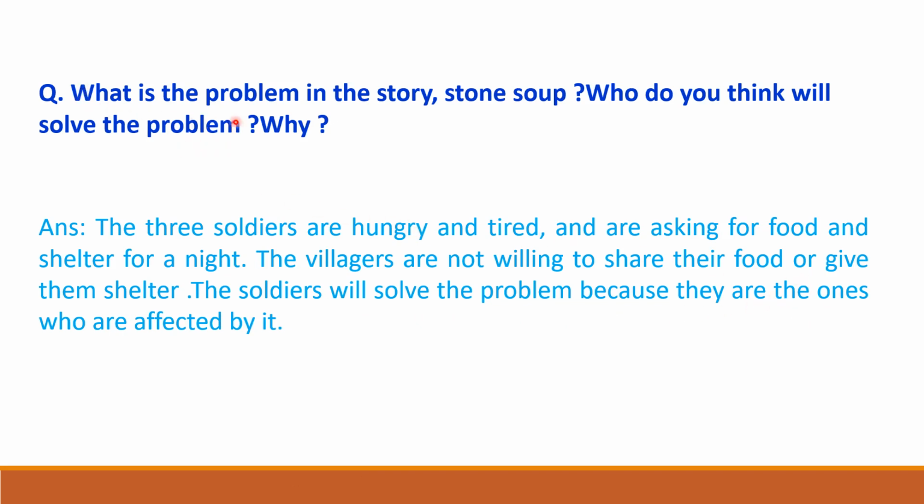So the soldiers are the only people who are going to solve it for themselves. Today we'll read the rest of the story to identify how the problem is solved.